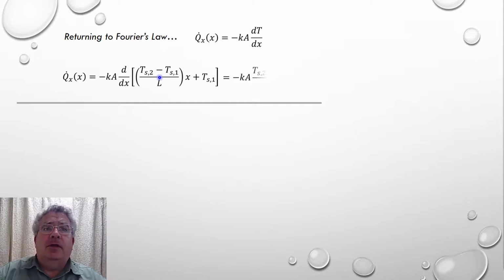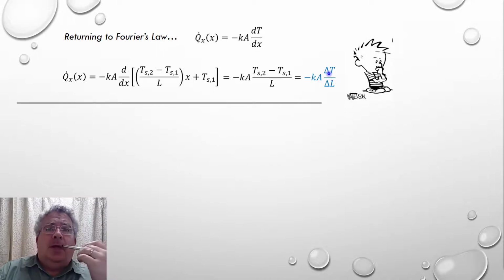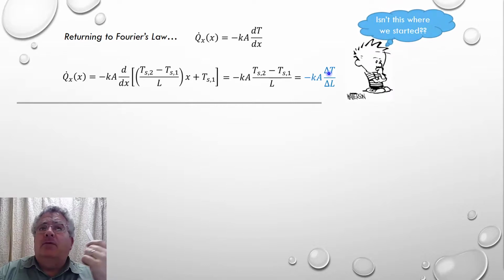If I take the derivative of it, the derivative of the constant term is 0, so we end up with minus kA times (Ts2 minus Ts1) over L, which gives us minus kA delta T over delta L. I like to use Kelvin for these situations because, as I warned you, isn't this where we started from?